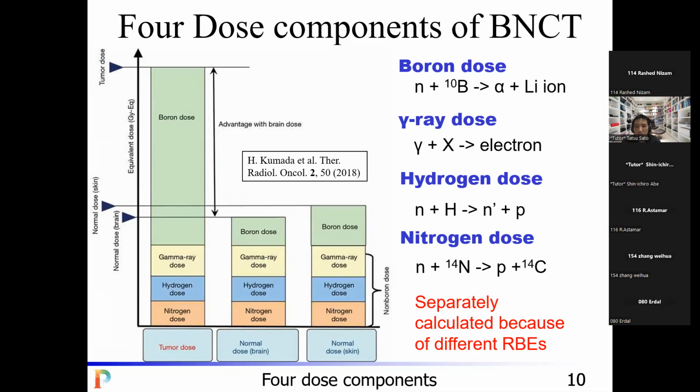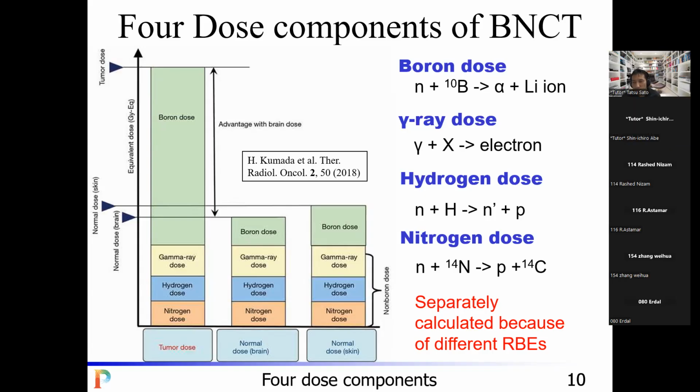First, I need to explain about the RBE. I think most of you know about RBE, relative biological effectiveness. Even for the same absolute dose, the biological effects are quite different. For example, alpha and lithium both are very high LET particles, so generally RBE is quite high. And protons created by these reactions are also rather high LET, so they also have high relative biological effectiveness.